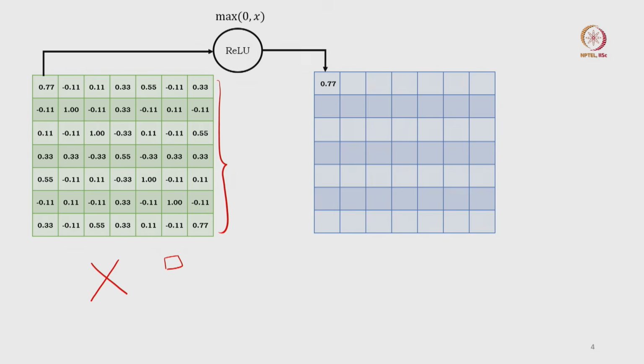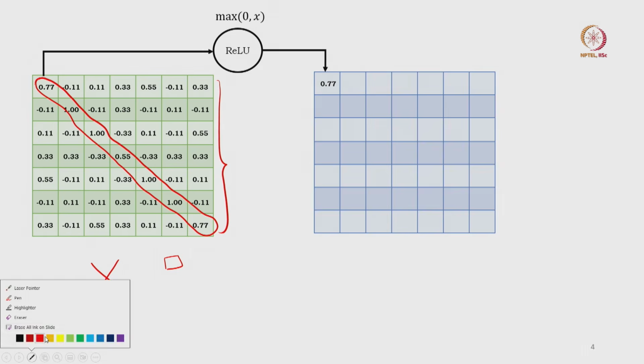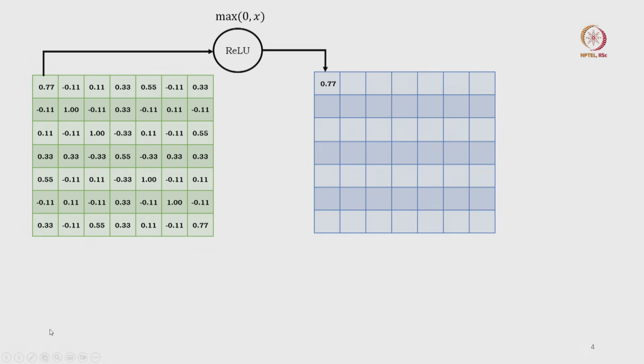Observe these values very carefully. Can you see the diagonal values here? The diagonal values are very large compared to any other values, which means that when you have applied one kernel to the input image X, it has extracted this part. This is the feature it has extracted by applying one kernel.